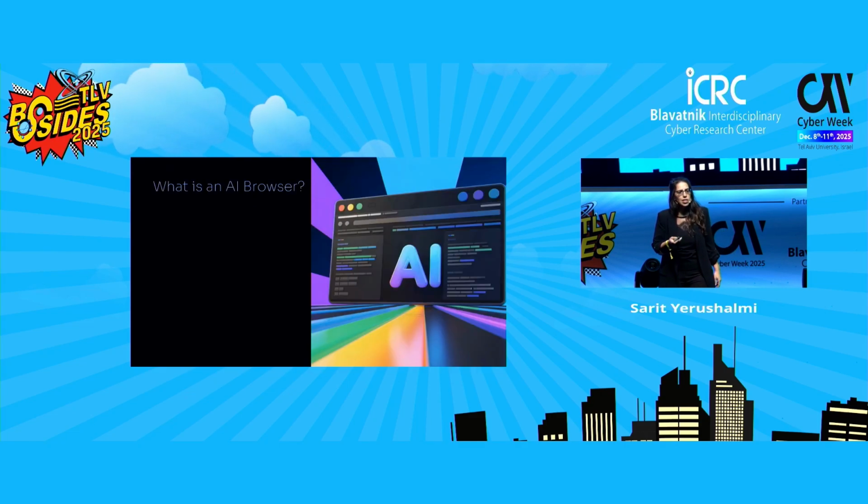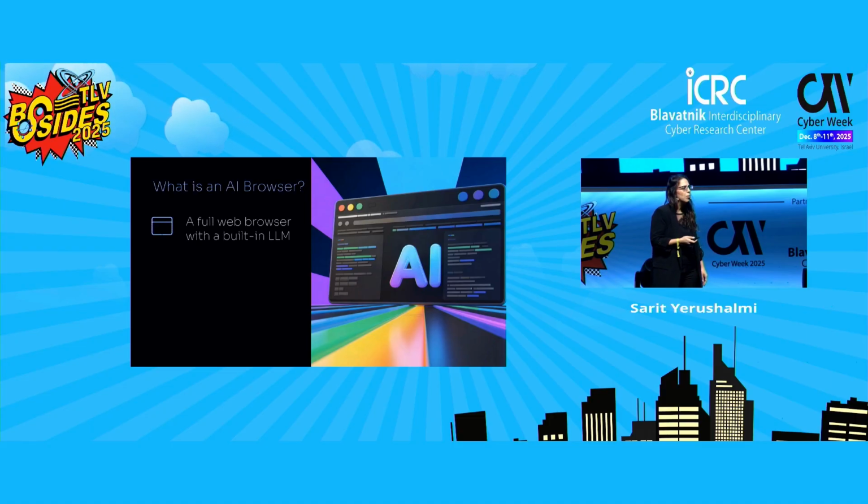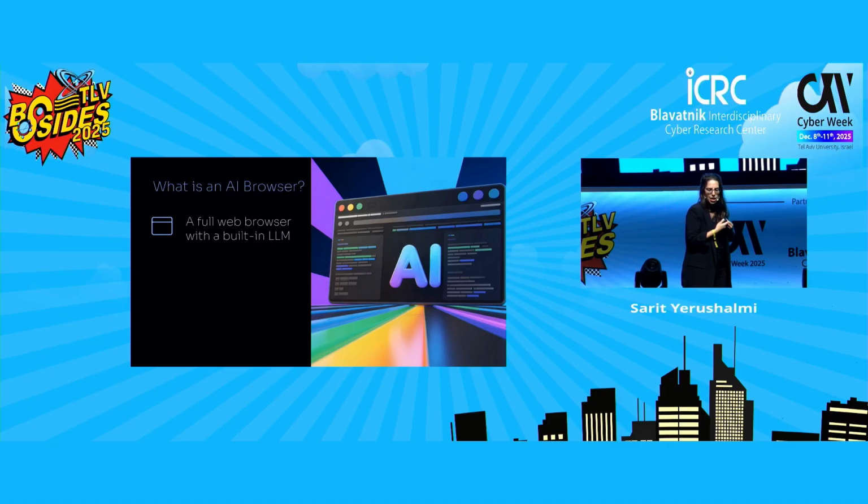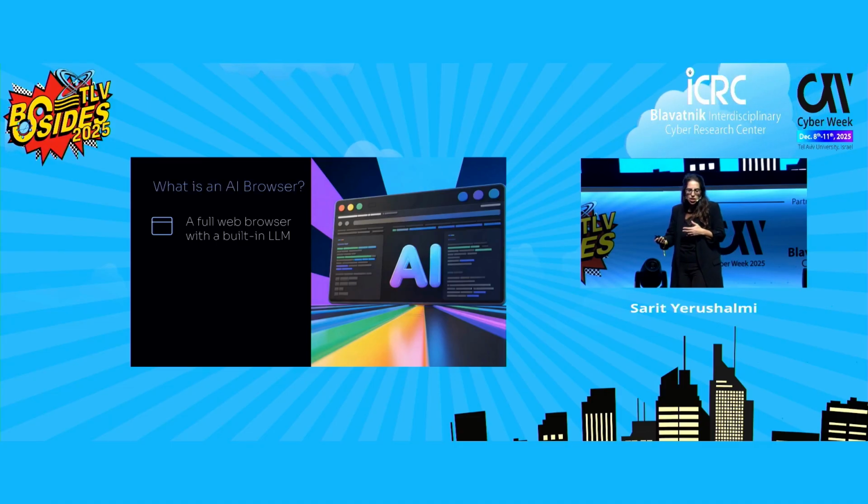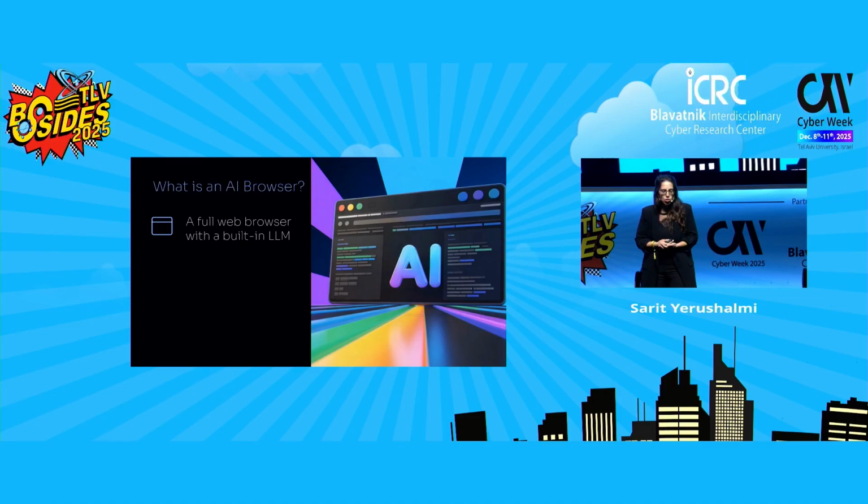Now, to make things clear, an AI browser is not just Chrome with a chatbot inside. It's a browser where the LLM sits at the core of everything. It can read and understand a page automatically, take actions, and help you with every site that you visit.